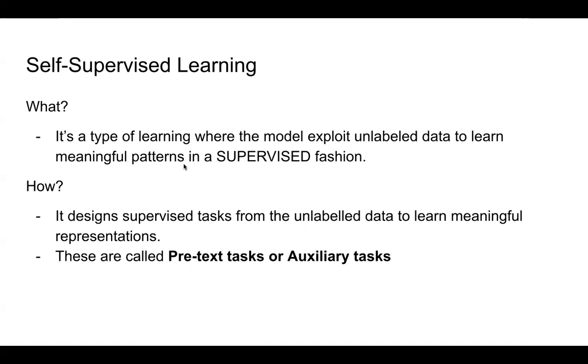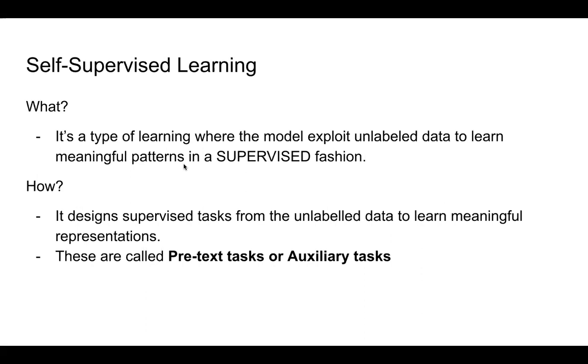Our target task is to classify different animals, right? But we can design some pretext or auxiliary tasks that will not directly help us differentiate between cat and dog, but can certainly help us learn the patterns of different animals.